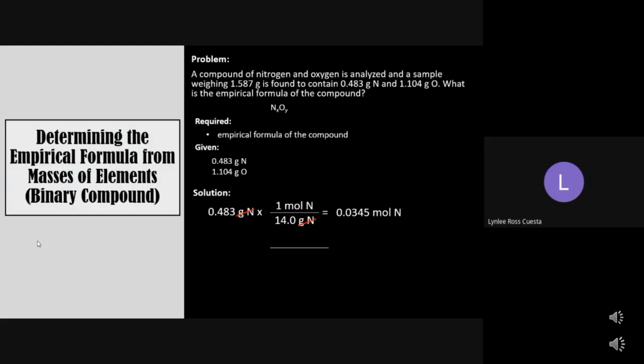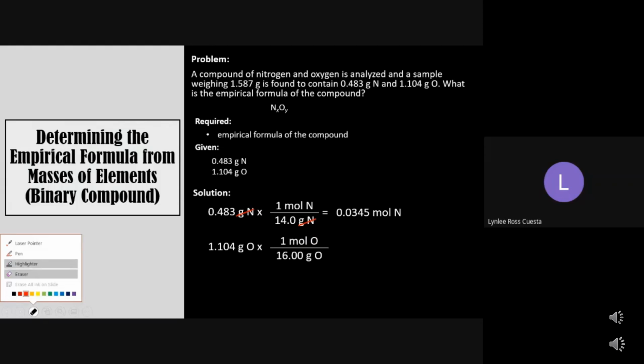We do the same thing in calculating the mole of oxygen. We first write the mass of the oxygen. We have 1.104 grams of oxygen times its conversion factor, 1 mole of oxygen over 16 grams of oxygen. Again, 16 grams is from the molecular mass, since 1 mole of oxygen is equal to 16 grams of oxygen.